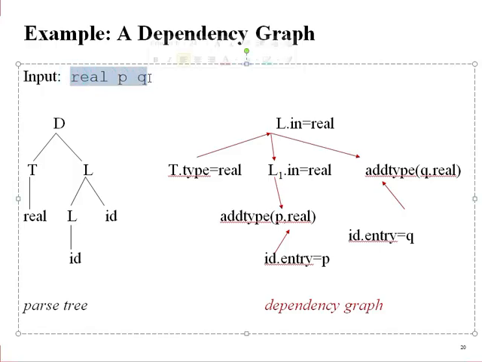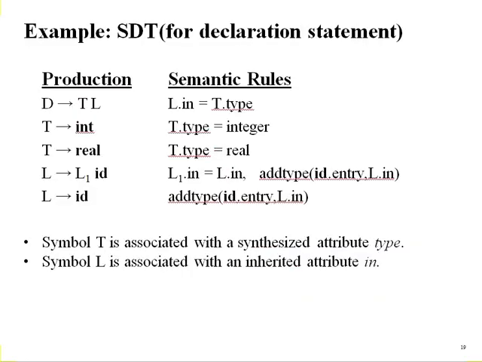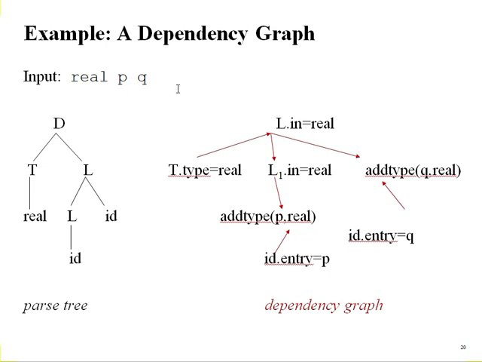Real P Q. Is this statement correct as per the given grammar? According to this attributed grammar, is this expression correct? Statement real P space Q. So if this is correct, then we can construct such a parse tree.